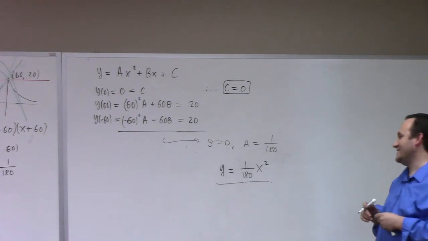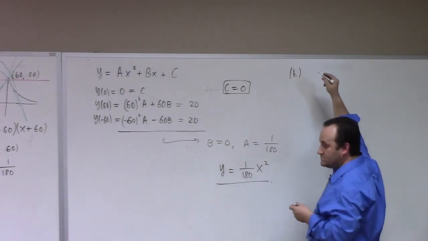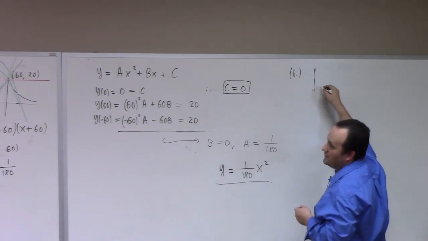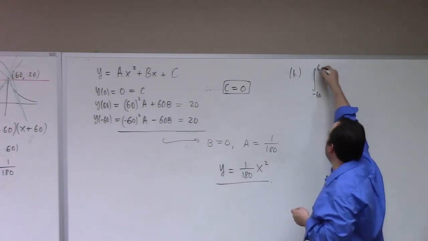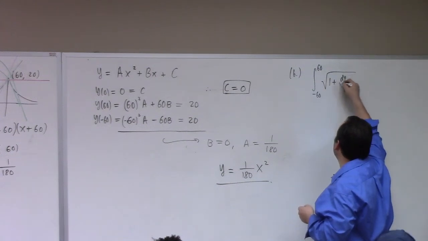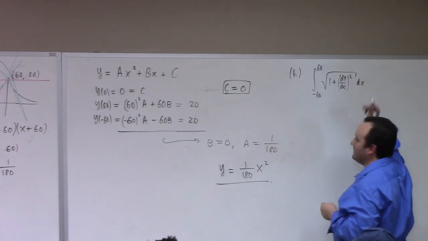Part b is what you're stuck on. So find the length of the parabola. Yes. So the length would be the integral from minus 60 to 60 of the square root of 1 plus dy dx squared dx, arc length.